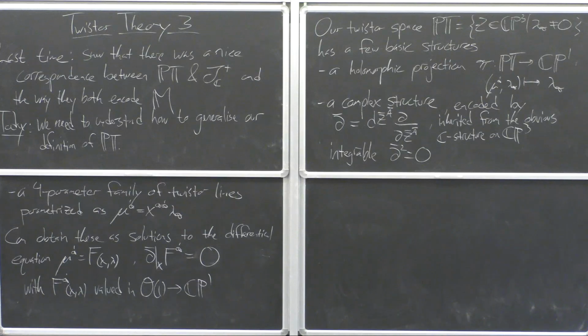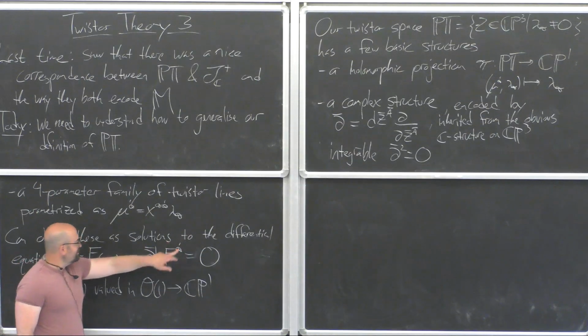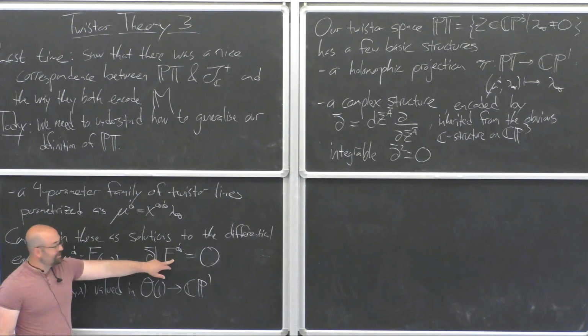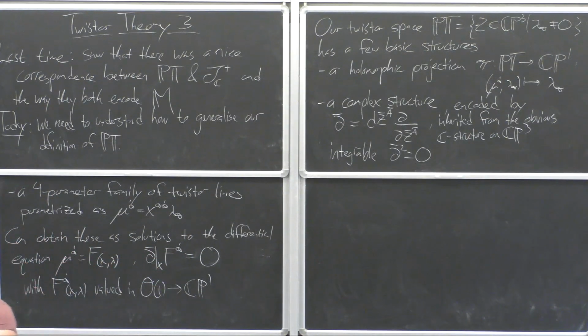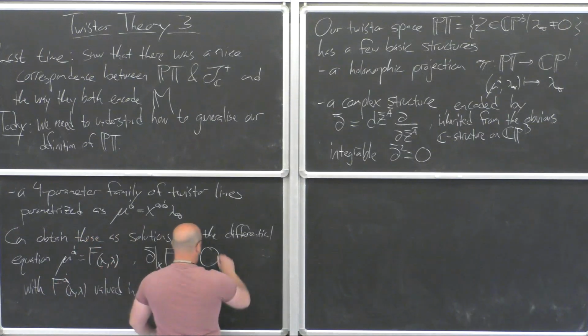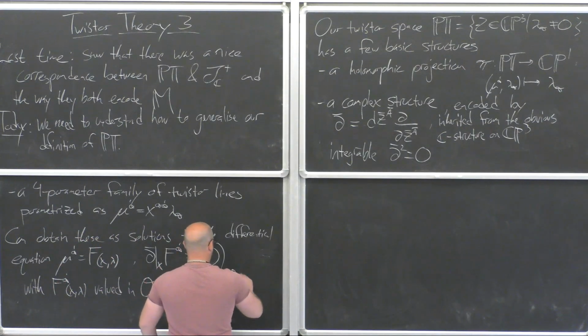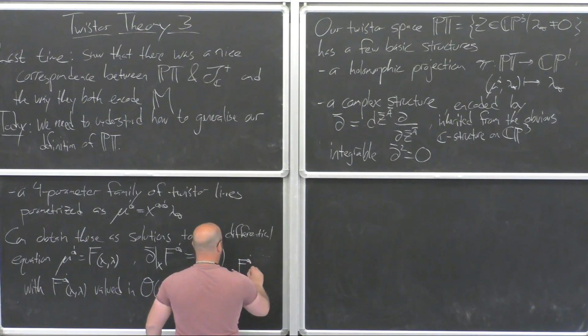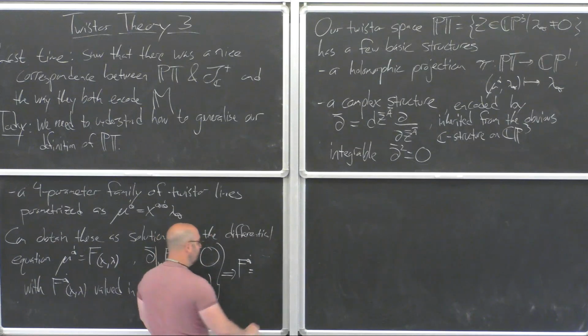Why O(1)? Because this thing has to have the same projective weight as lambda, right? So what this equation tells us is that these functions f alpha dot need to be holomorphic on the sphere and homogeneous of weight 1. And Liouville's theorem tells us that the only way to solve that differential equation is with f alpha dot being linear in lambda.